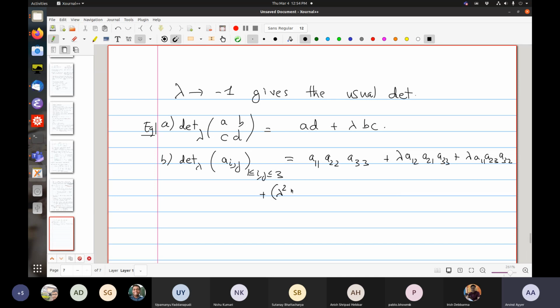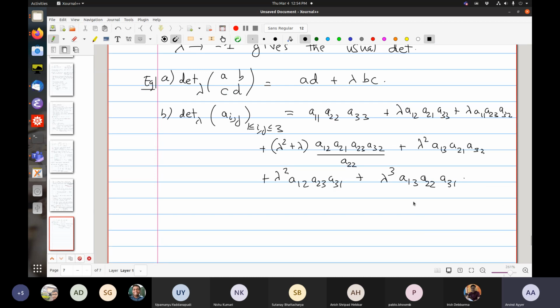There is a lambda squared term: lambda A12 A21 A23 A32 divided by A22, plus lambda squared A13 A21 A32, plus lambda squared A12 A23 A31, plus lambda cubed A13 A22 A31.